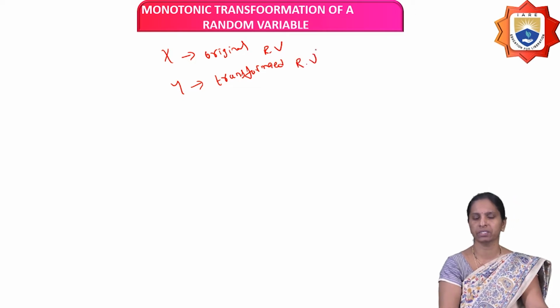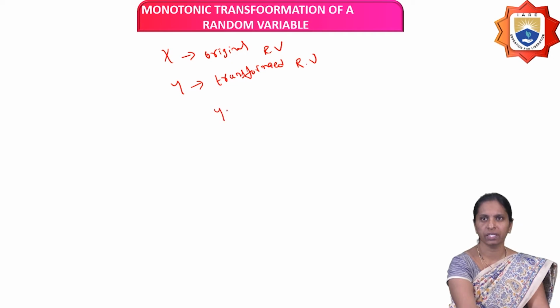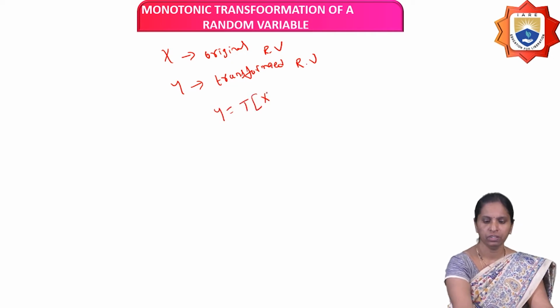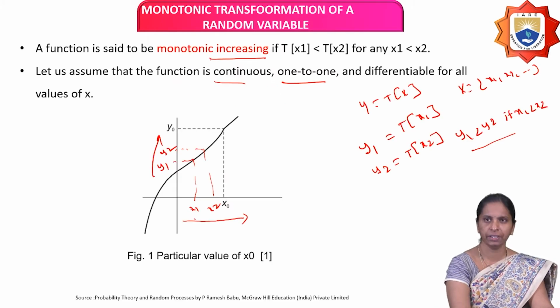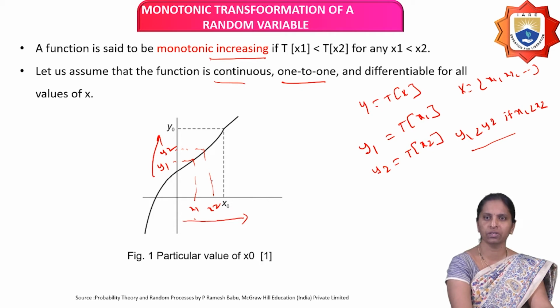Here we are performing a monotonically increasing operation. Therefore, y equals t of x. Now, what is y1? Nothing but t of x1. By performing the operation on x1, you get the value y1. And by performing the operation on x2, you get y2.